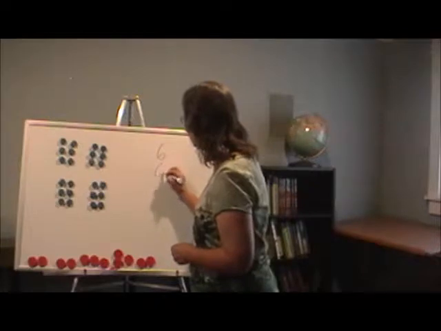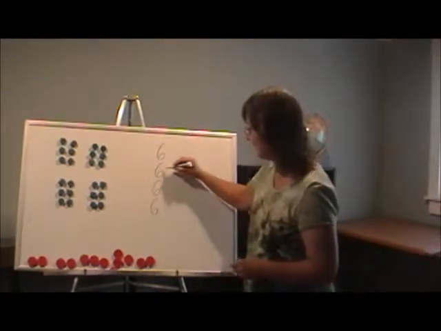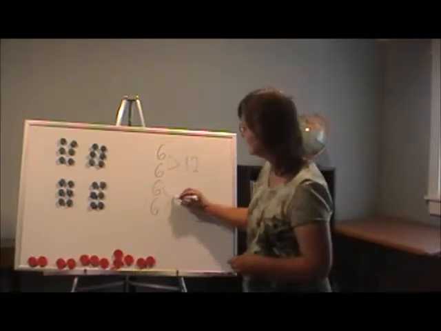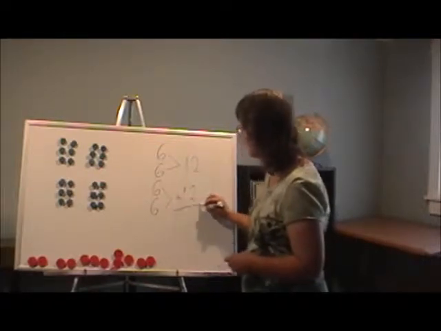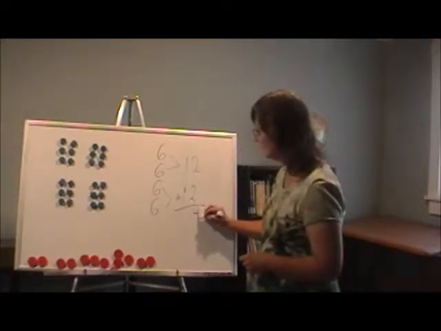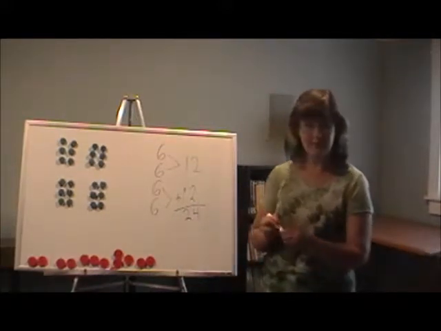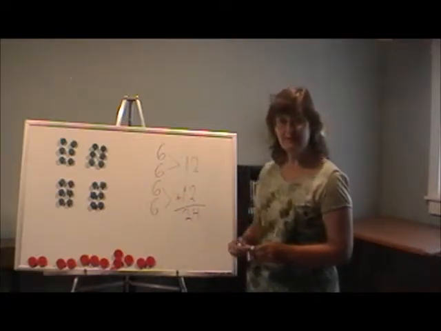There's 1, 2, 3, 4 6s. 6 plus 6 is 12. 6 plus 6 is 12. 2 plus 2 is 4. 1 plus 1 is 2. And your answer is 24. So 6 times 4 is 24.